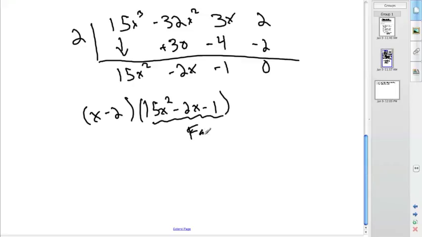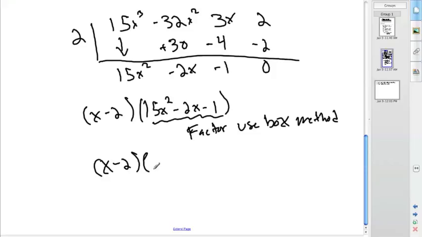Let's factor again. Use the box method. I'm not going to do it here. You should know that when you factor using the box method, you will get 5x plus 1, 3x minus 1.